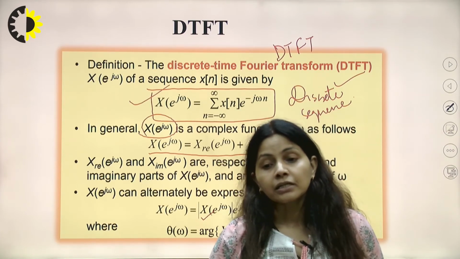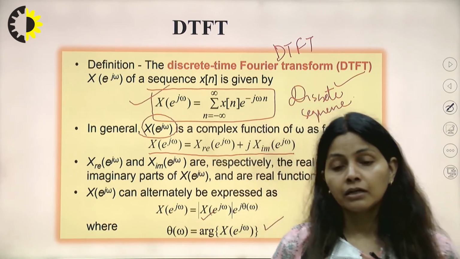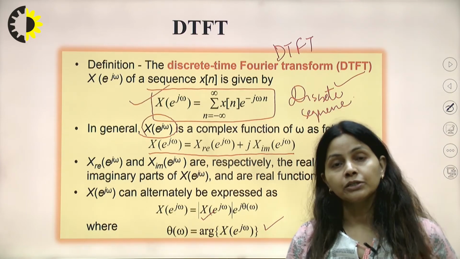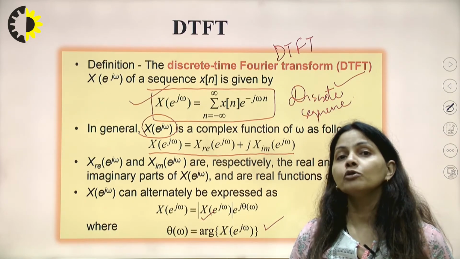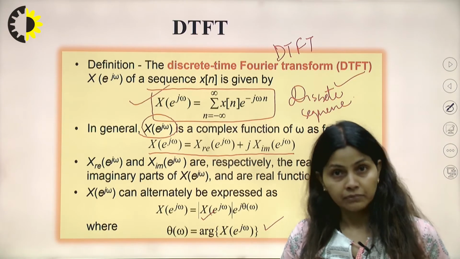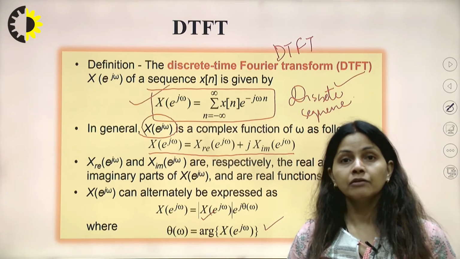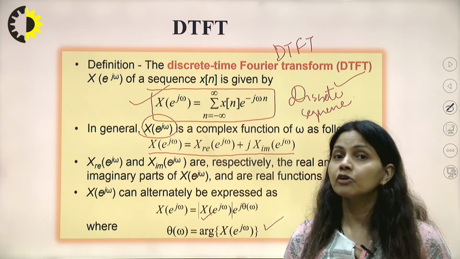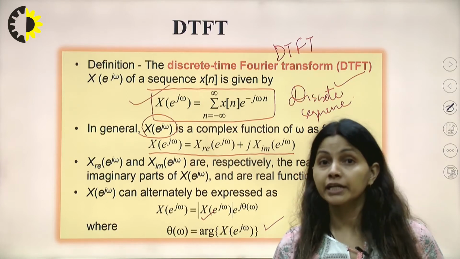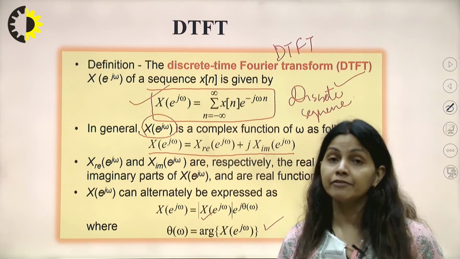So when it is a continuous spectrum and we are converting a discrete sequence into a continuous form, then to get the discrete part back from this spectrum, we calculate the discrete Fourier transform, well known as DFT.